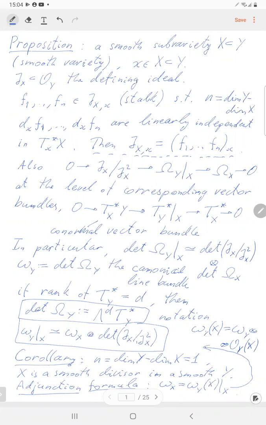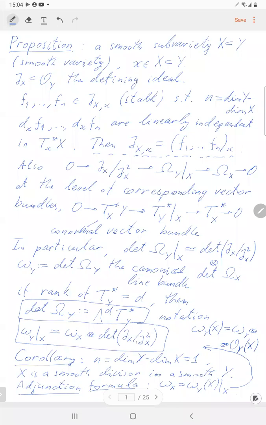Владимирович, можно спросить? Yes. А почему омега y ограничение на x не совпадает с омега x? Это из-за того, что кольца of different dimension. Yeah. For example, let x be a point. Then its cotangent bundle is just 0-dimensional. It's nothing, 0, right?